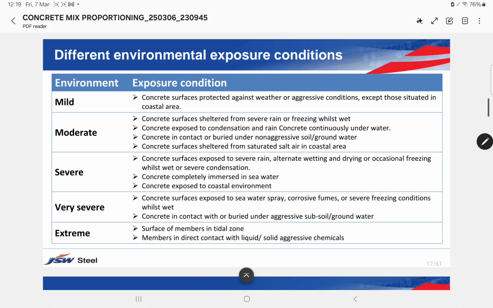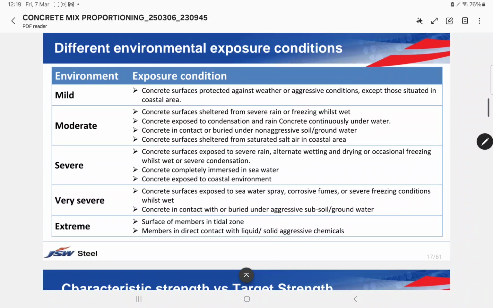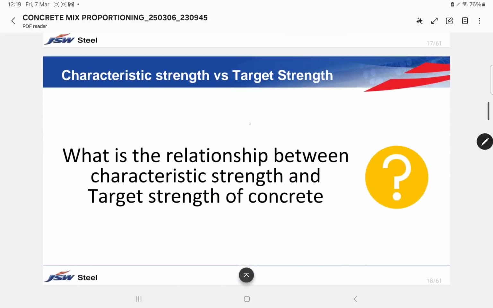You need to carefully go through these conditions, and accordingly find out the best fit for that structure. You have to finalize the environmental conditions, because based on them you have to decide your maximum water cement ratio and your minimum amount of cement content. So let's move on.